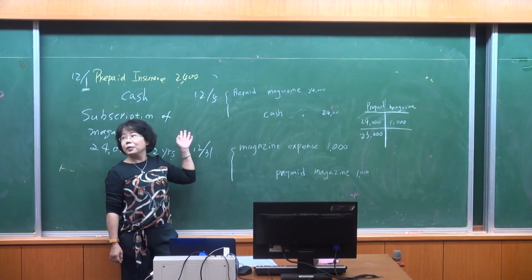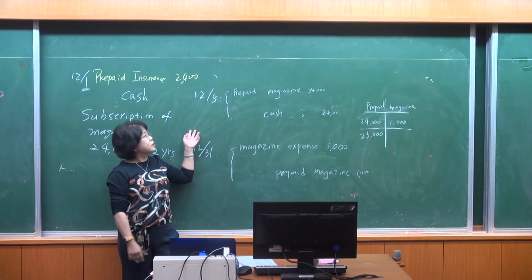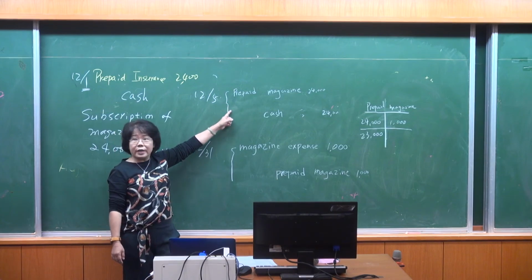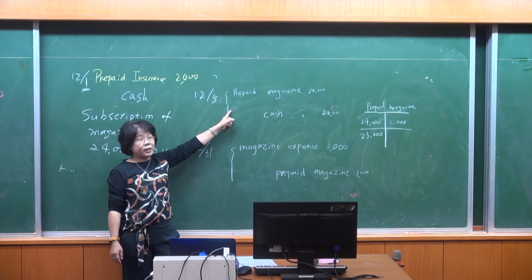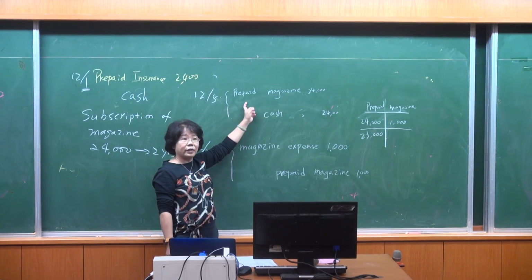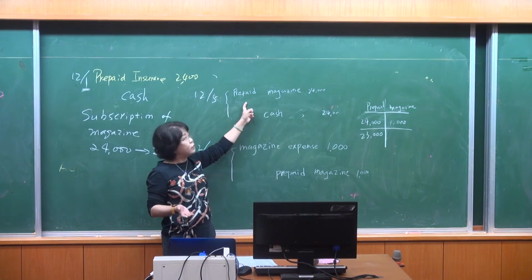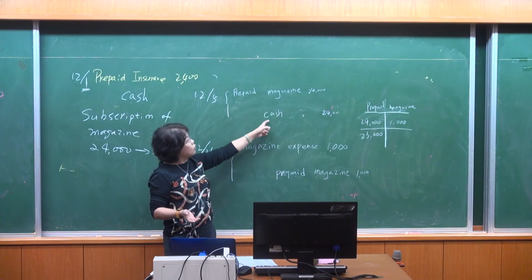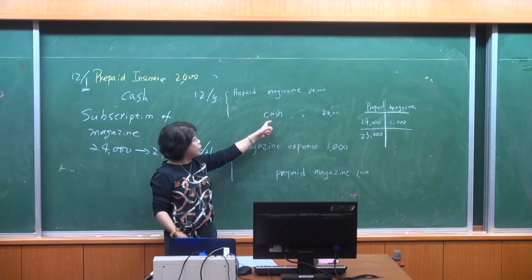I just gave you the question, everyone, for the last few minutes. The first day you purchase and order the magazine, you have a prepaid item, which gives you the rights for 24 months, and the total cash payout goes to credit.